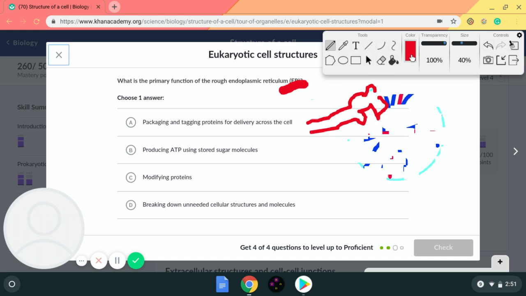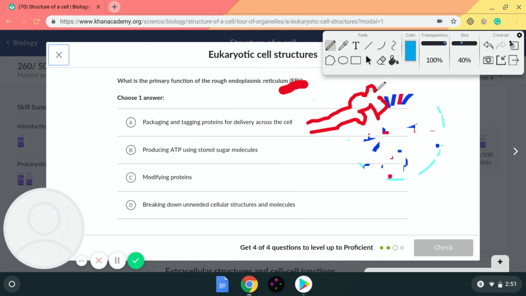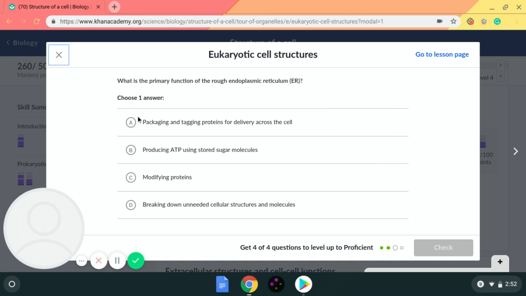And then you have the smooth ER. But the ER as a whole packages and tags proteins and kind of prepares them for being put in the Golgi apparatus, which finishes the maturing process of the proteins.